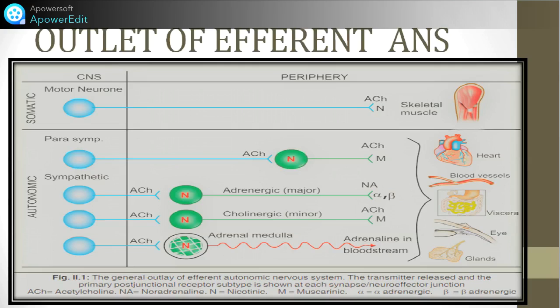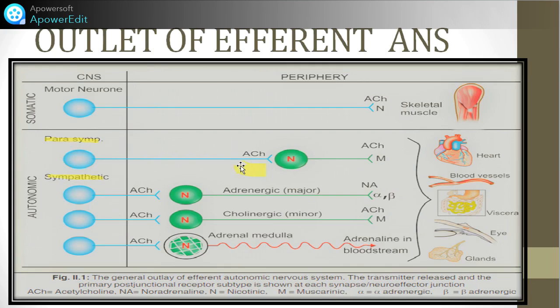So this is the outlet of efferent autonomic nervous system, and we'll see about the major part, that is sympathetic and parasympathetic systems. So acetylcholine is the principal neurotransmitter at the neuromuscular junction as well as preganglionic fibers.